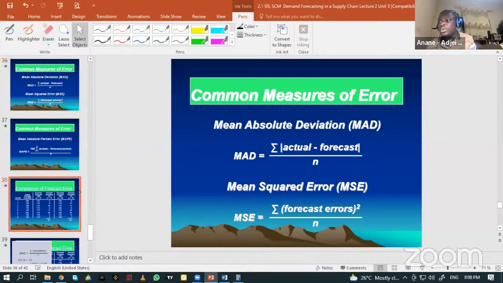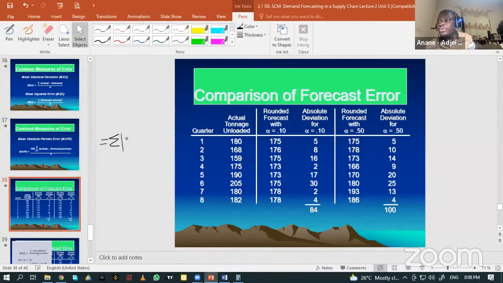So the summation of actual minus forecasts, with the bar, all over the number of periods, which is n.